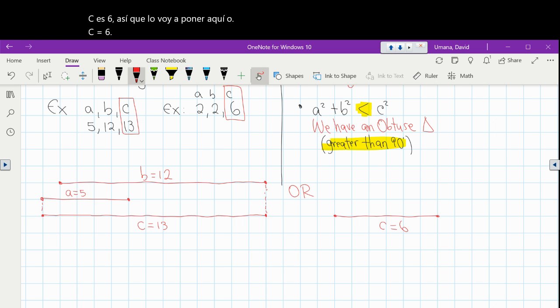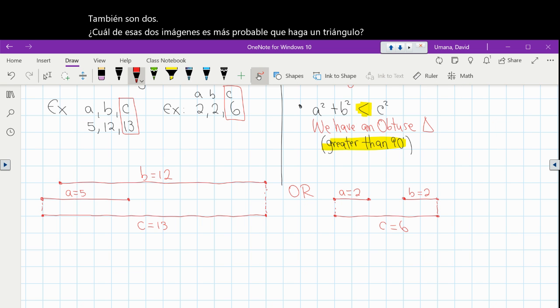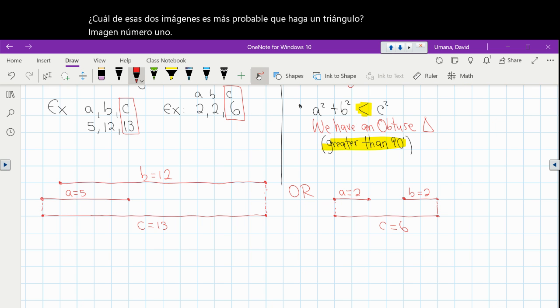A is 2. 1, 2. And B is also 2. Which of those two pictures is more likely to make a triangle? Picture number 1 or picture number 2?